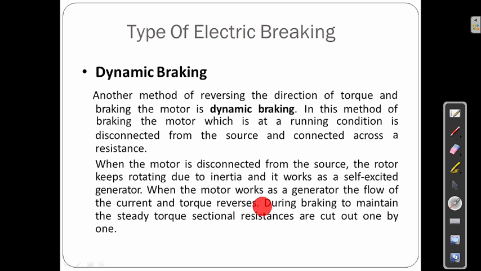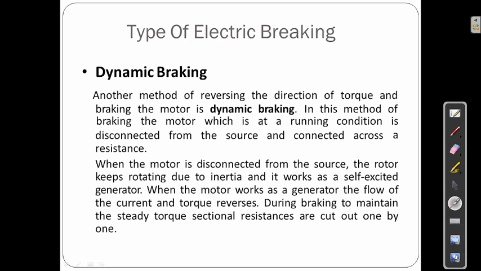When the motor works as a generator, the flow of current and torque get reversed. That is the main thing we have to note here, and that is the main concept.